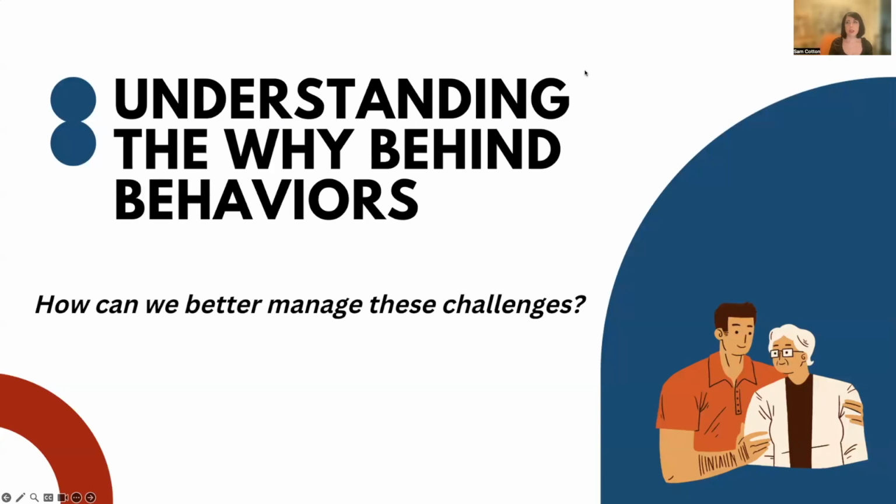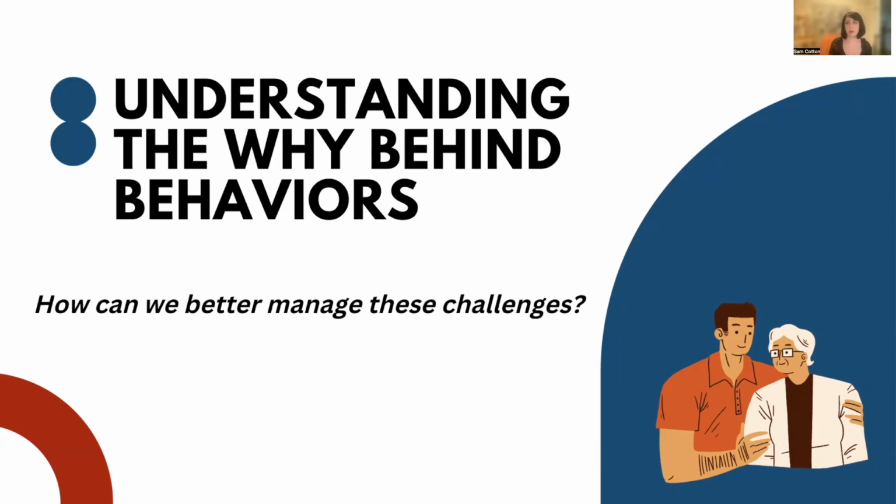So now we're going to take that idea of compassionate care and look at how we can apply that in the work that we're doing with persons with Alzheimer's disease and related dementias, really thinking through the why behind those behaviors. As we already have discussed, a lot of persons with Alzheimer's disease and other types of dementias often have very challenging behaviors that we're having to navigate, like aggression, like agitation, repetitive behaviors, so on and so forth.